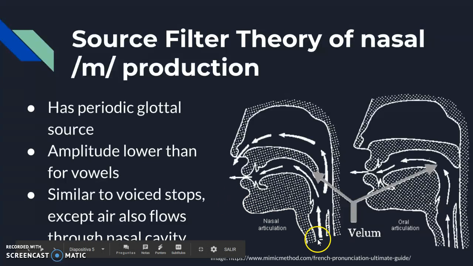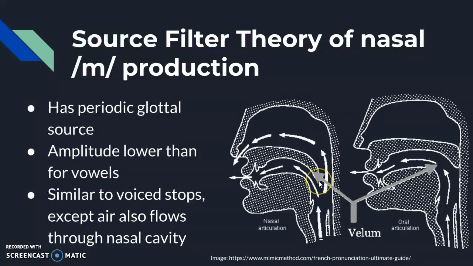So if you can picture, we have the vocal folds down here, the glottis, which is our sound source. So we're creating that buzzing sound, and then it's going to pass through the filters, or our air-filled cavities, so up through the larynx, and the velum is open this time.